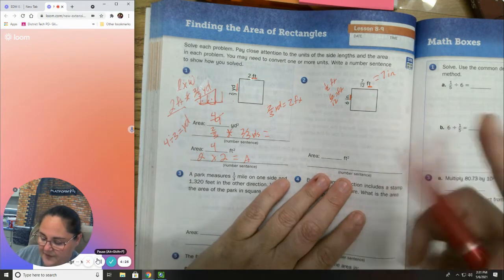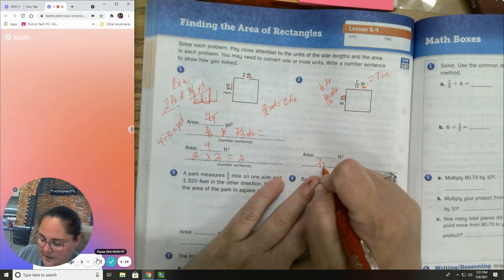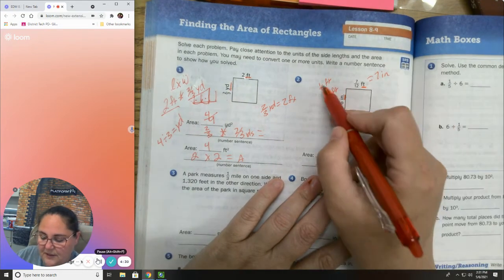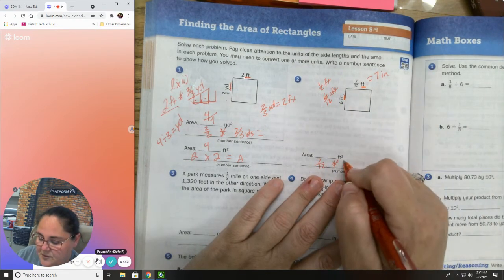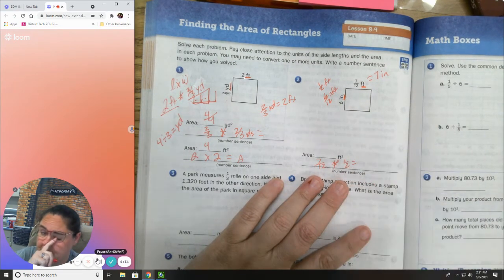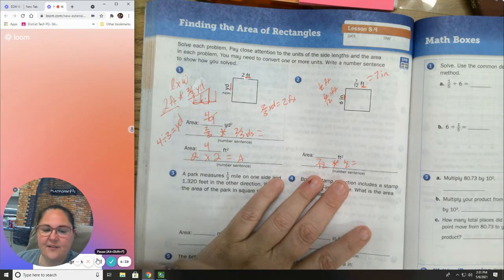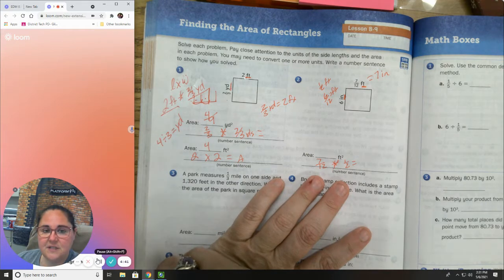So 7/12 times, you can either use 1/2 or 6/12. I'm going to use 1/2. It's going to be easier for me that way. What is 7/12 times 1/2?